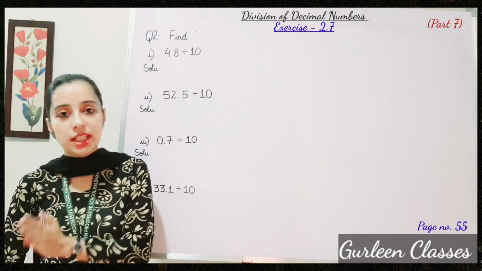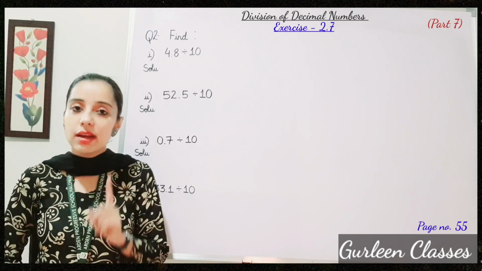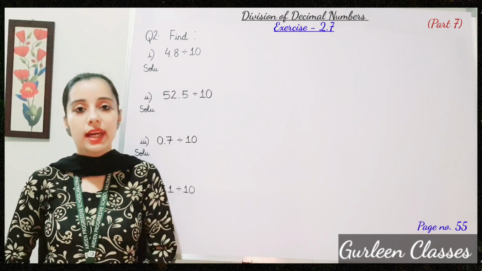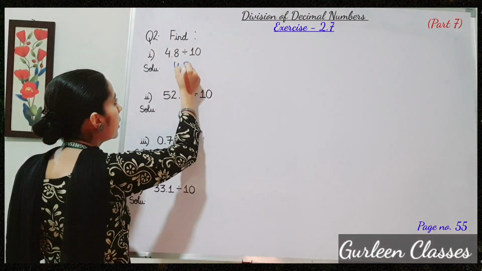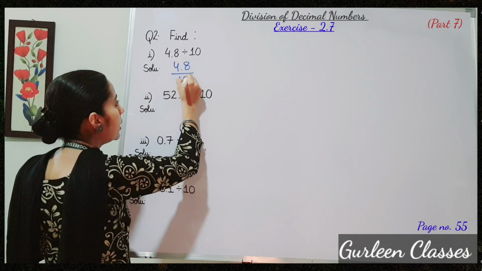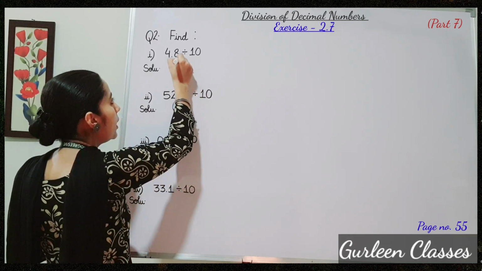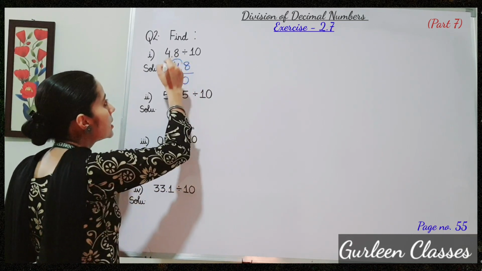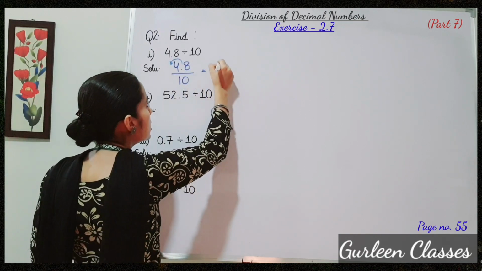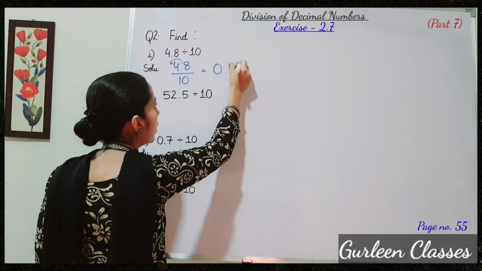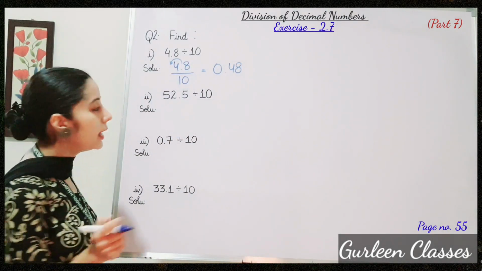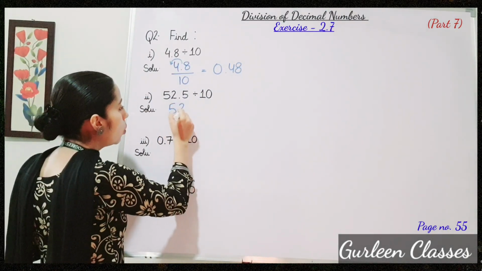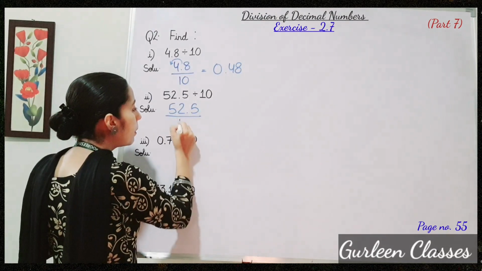In multiplication you shift the decimal point to the right and in division you shift the decimal point to the left. So right here 4.8 upon 10. So shift this decimal point to the left by one place. So your answer is 0.48. Second part, 52.5 divided by 10. So right here 52.5 divided by 10.